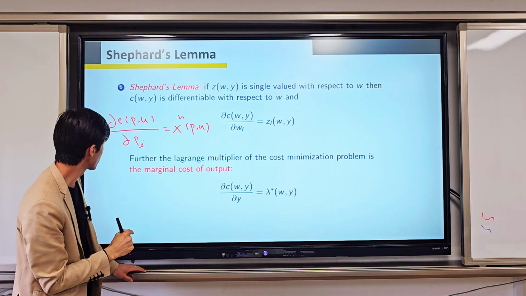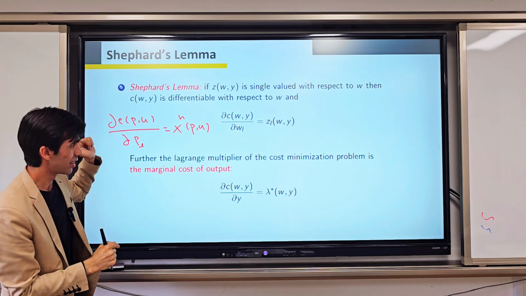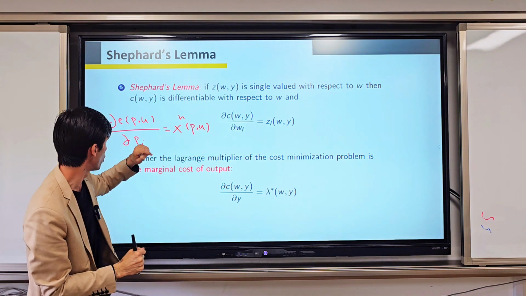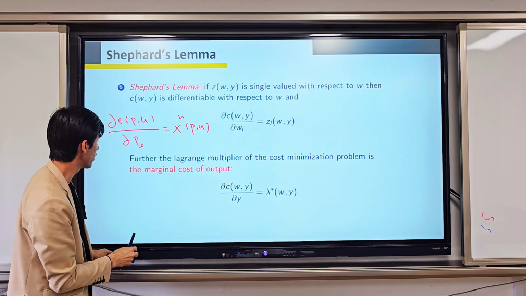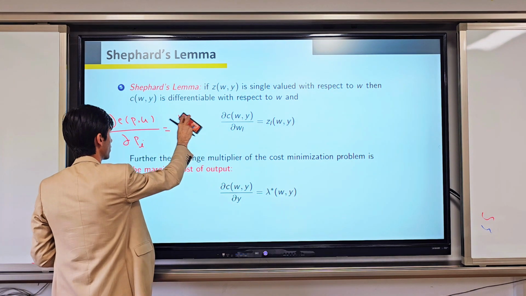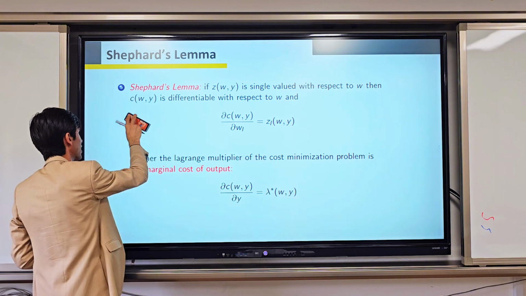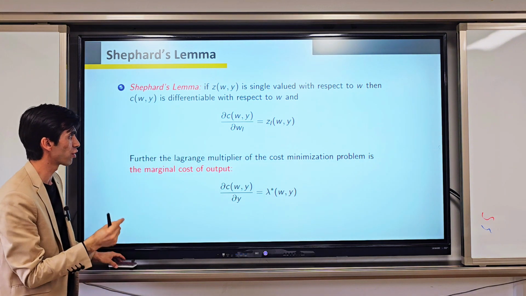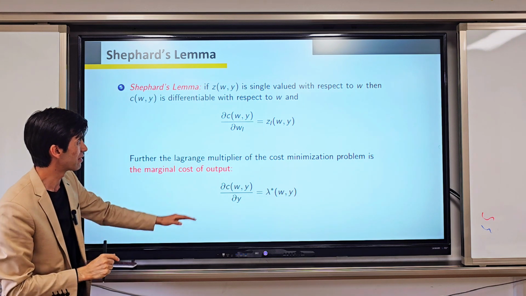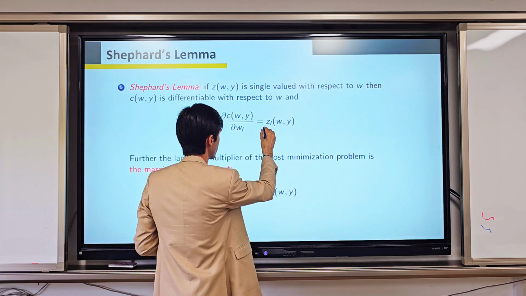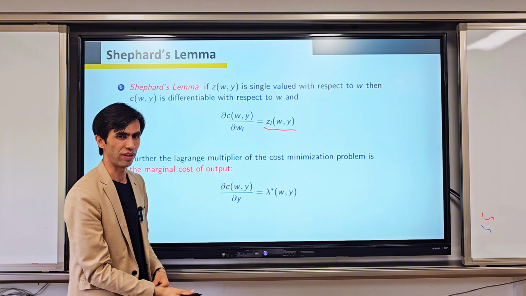So now we don't have P, instead we have W. We don't have U, instead we have Y. Then if we take the partial derivative of the cost function with respect to W, it will lead us to the conditional demand function.